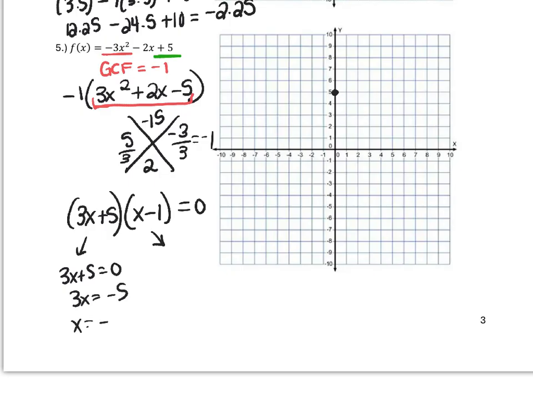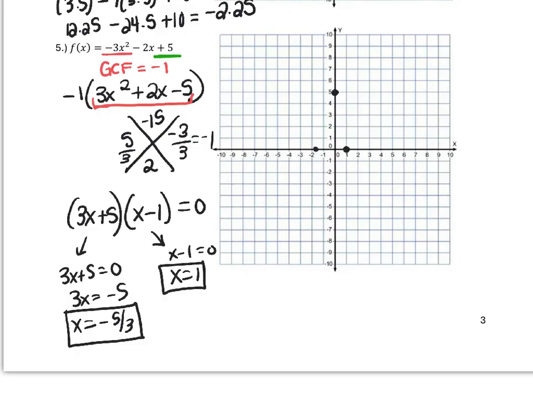So x equals negative 5/3 and x equals 1. So positive 1 and then negative 5/3, which is about negative 1 2/3. So like kind of here, something like that.